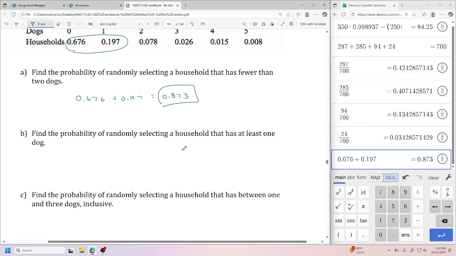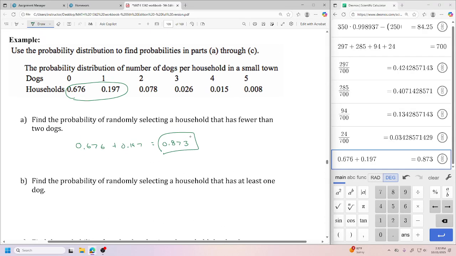What's the probability of at least 1 dog? What would be at least 1 dog? What numbers qualify for at least 1? 1, right? What else? 2, 3, 4, 5, all those guys. Adding them all up.